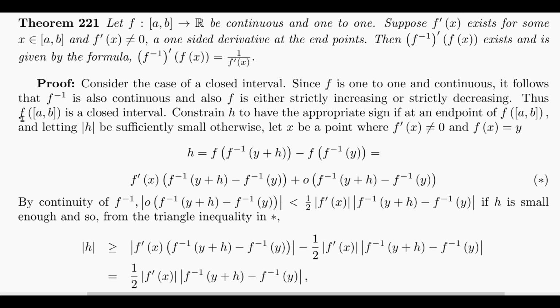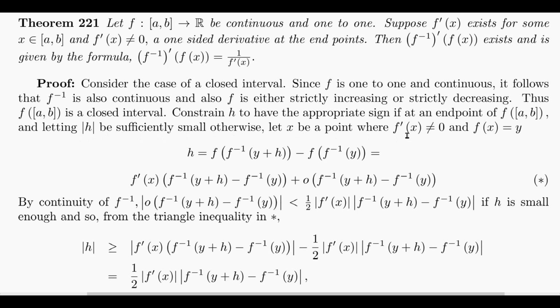So f of this interval is going to be some closed interval. Now, in all the argument that follows, I will constrain h to have the appropriate sign if f of x is at an endpoint of this closed interval. Otherwise, it could have either sign, and you would just need to have the absolute value of h small enough.